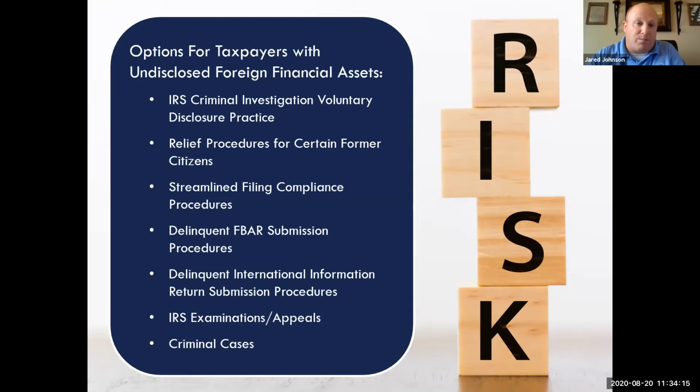These amnesty programs may minimize those penalties that could be assessed, and give you a way out, because they want you to come clean and start reporting and being fully compliant going forward. So that's what we're going to talk about right now, these various different programs.